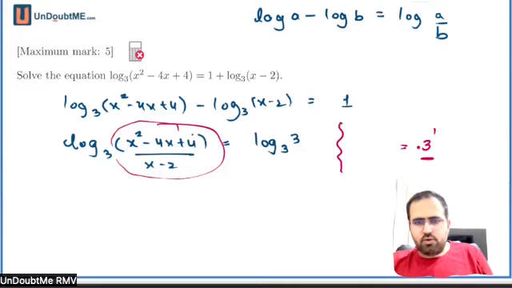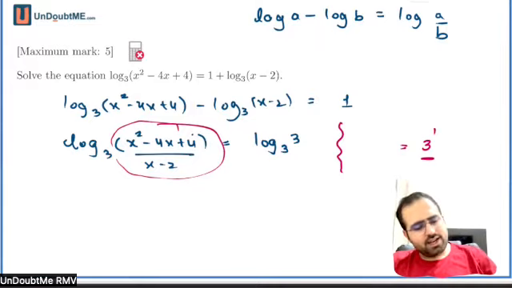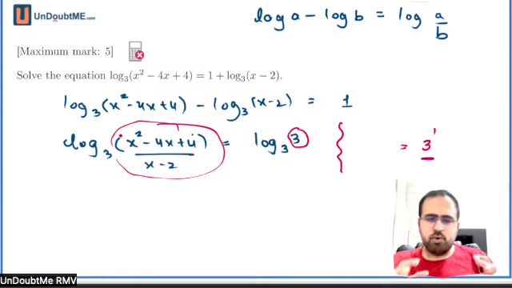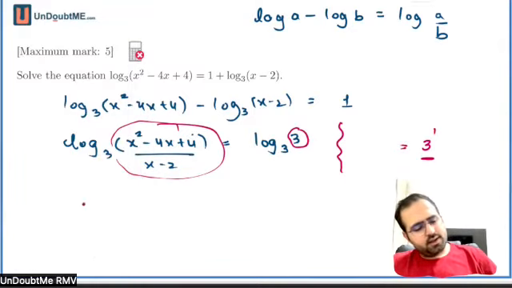Eventually, with either method, we can directly equate these two, because both of them are log with base 3 and they are equal. So it is possible only when x square minus 4x plus 4 upon x minus 2 is equal to 3.